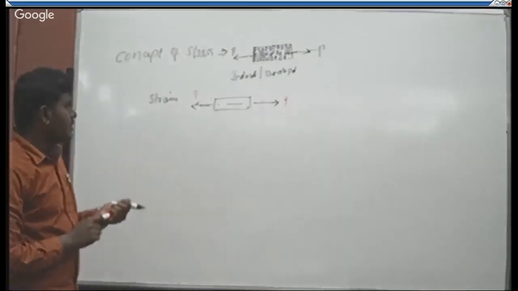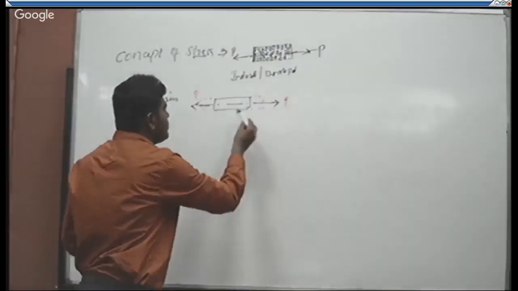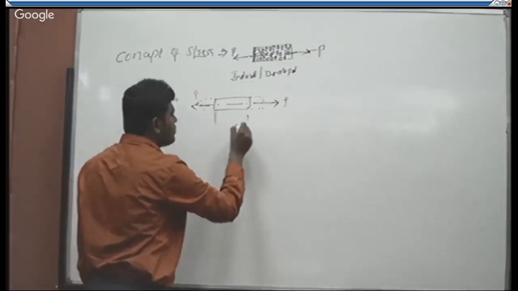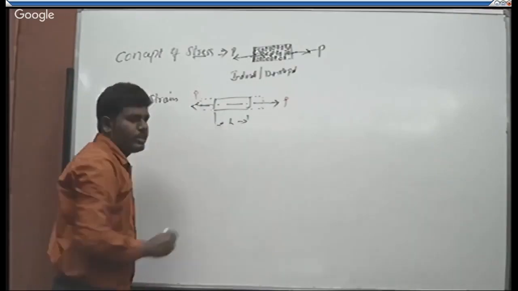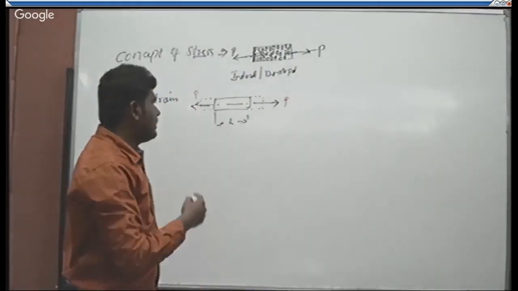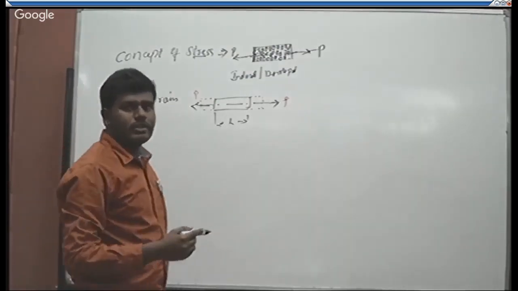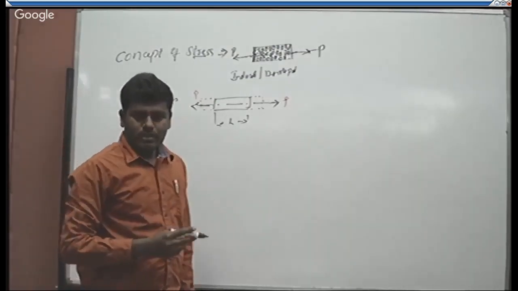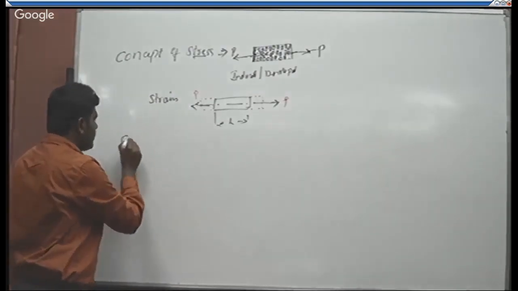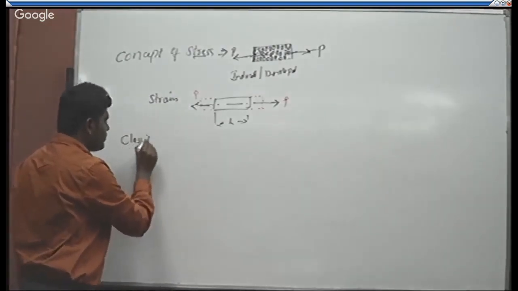The ratio of this change in shape during loading to its original shape before it was loaded gives you the strain that occurs inside the body due to the action of external loads. Then we moved on to the next topic, the classification of stresses.